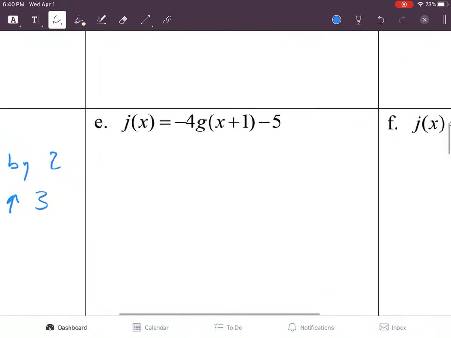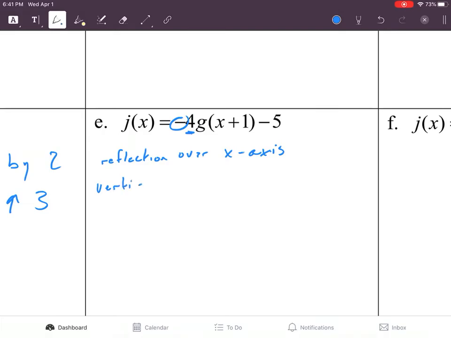Part E. There are 4 different transformations in part E. First one, we have that negative sign on the outside. This is a reflection over the x-axis. The 4 is a vertical stretch by 4.